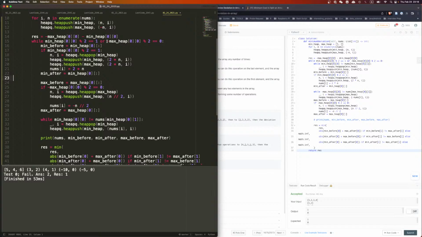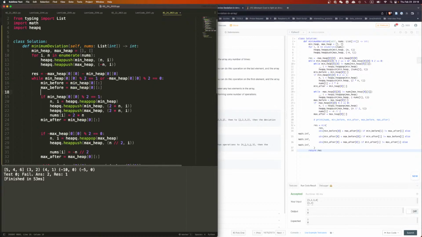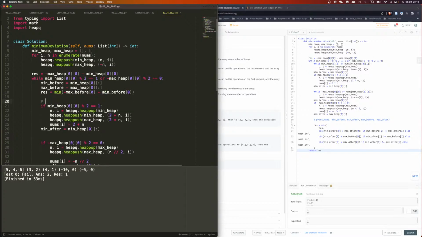So what you're saying is, I have the min and max before, okay? Then I say res equal to the minimum of max minus max before[0], min minus min before[0]. Okay, so now we say move min but do not move max.